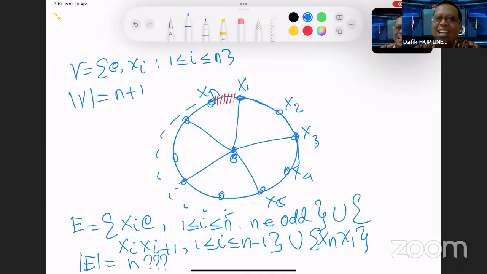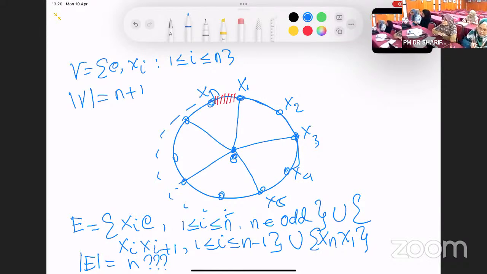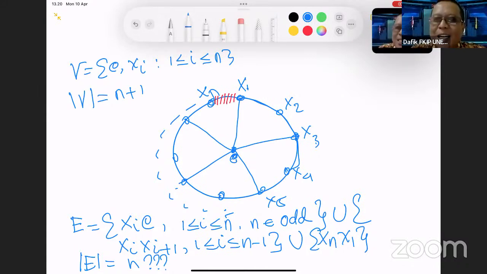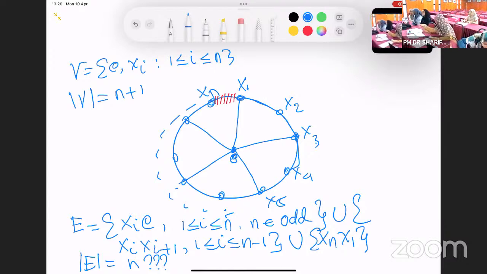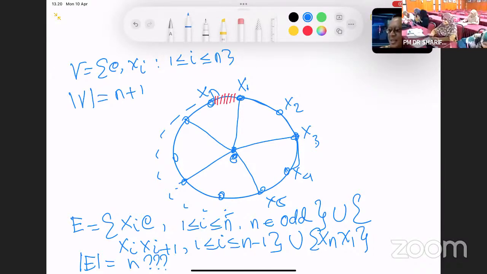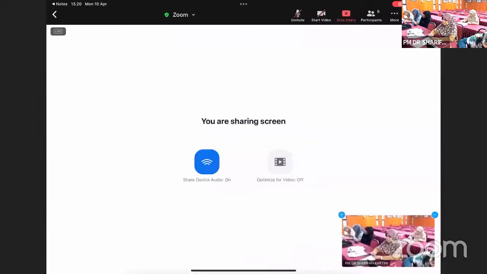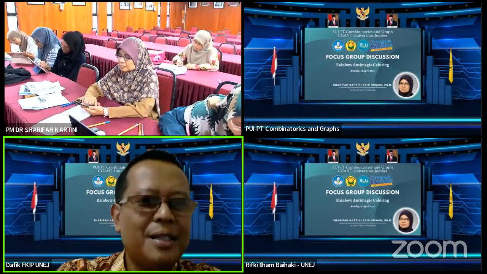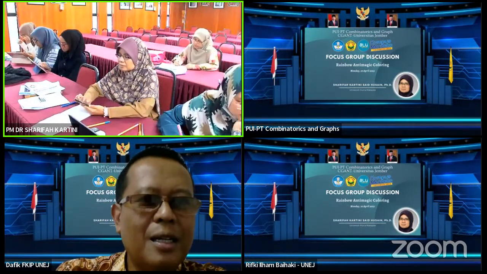I believe Sharifah finished for today's meeting, and the rest of our discussion is a task for the students. Minus 1. Expand x1.